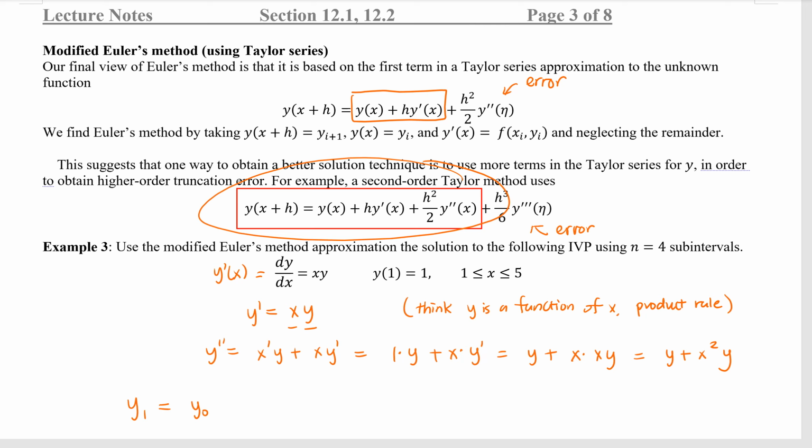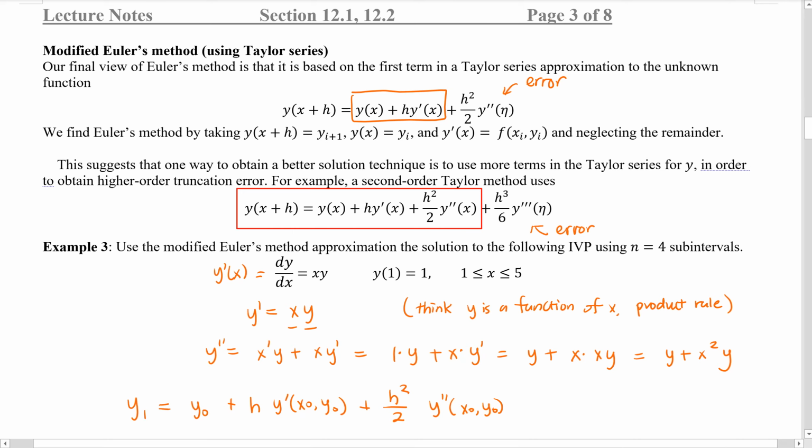Replace x plus h by y1, and y of x is y0, x is x0. Then we have y0 plus h y prime of x0 y0 plus h squared over 2 y double prime of x0 y0. So far, so good. So this is the modified Euler's method.